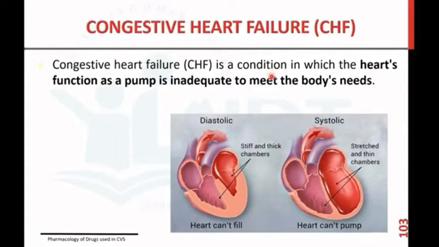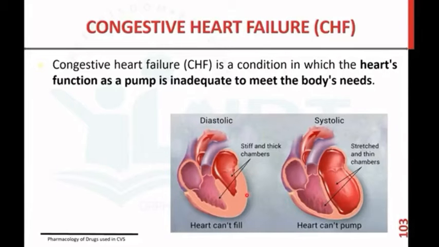The first one is high output failure, in that severe anemia, thyrotoxicosis and arteriovenous shunts. The second one is low output failure, where there is decreased myocardial work capacity: first is ischemic heart disease, second is myocarditis, third is cardiomyopathies, and fourth is arrhythmias.